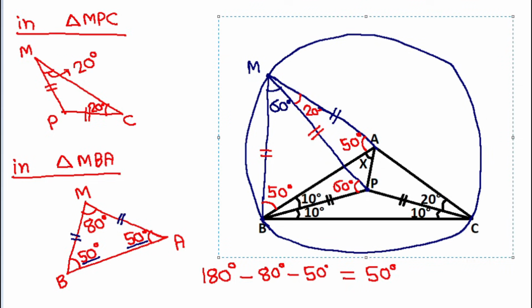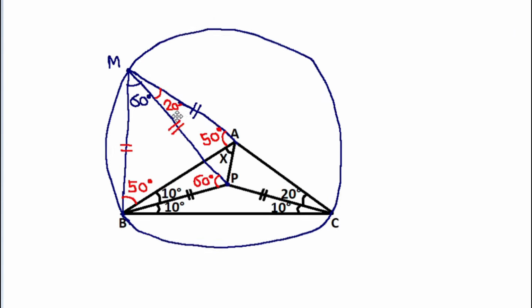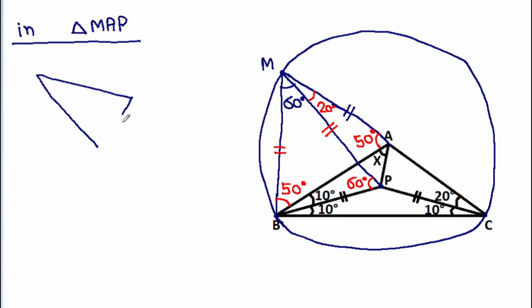And now in triangle MAP, MA and MP are equal.